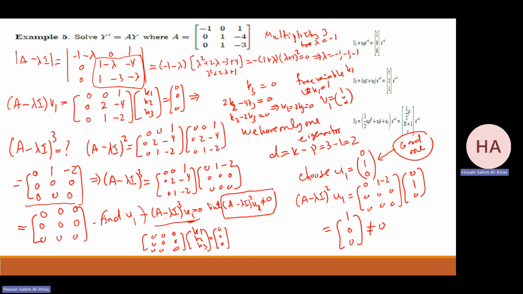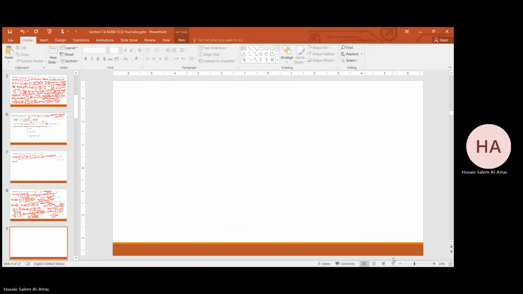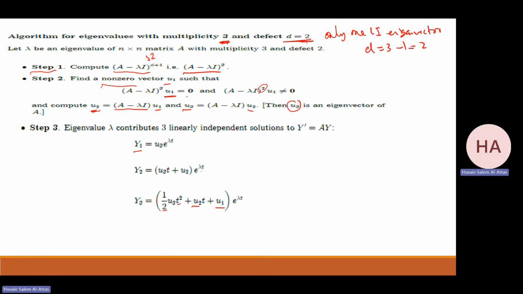The previous one does not work. I think I need more space. Okay. Then what I will do, now we find U1, satisfying this, not this.